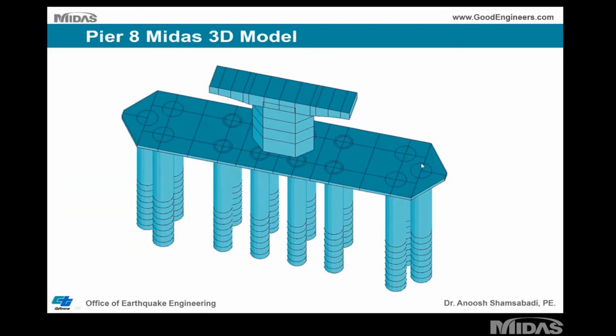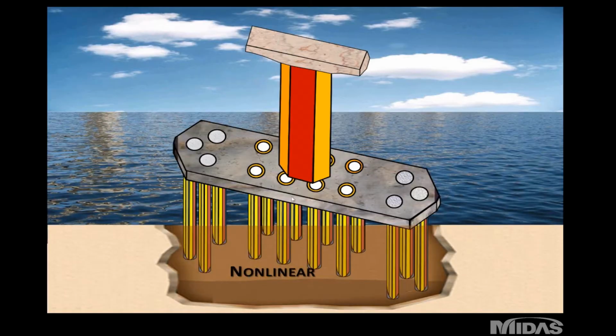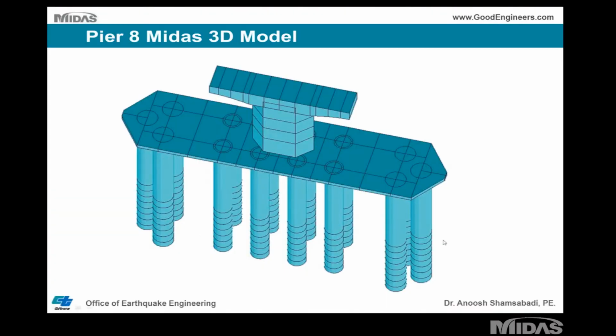So here is a schematic drawing, or a snapshot, of Pier number 8 from MIDAS, trying to replicate this cartoon. So you can see the piles are about 40 feet into the ground, and then it cantilevers. And you can see clearly here, this is done in detail in MIDAS 3D.